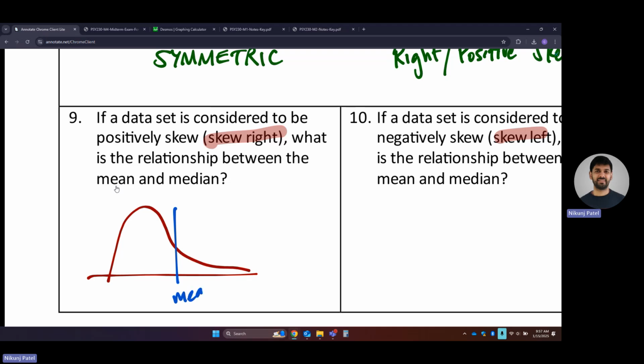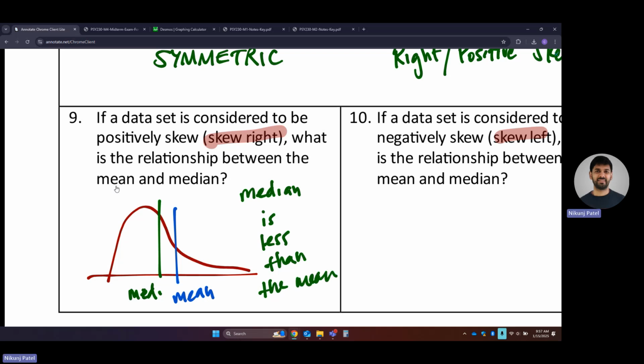The mean would be right there, and the median would be right there. So the relationship between them is that the median is less than the mean.